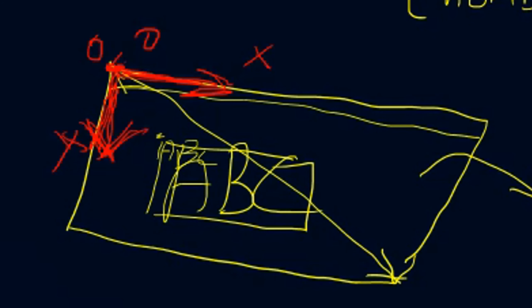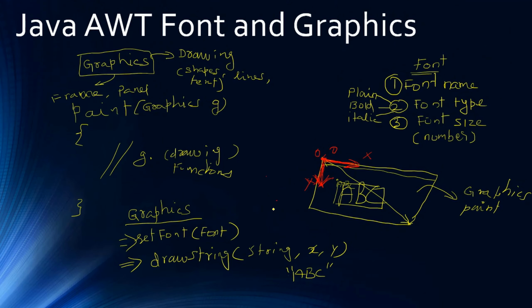Alright, now let us go to the demo, and we will set a font to our graphics object attached to the frame window. Then we will perform the drawing. Here we will input a string, and that string will be drawn in the graphics attached to the frame window.